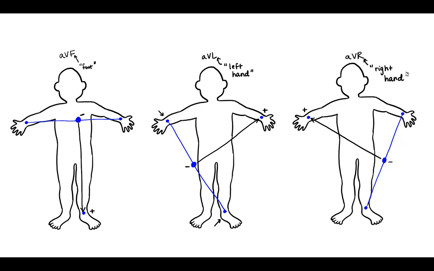So those are the 3 remaining limb leads, and because they're made with the negative electrode coming from an average between 2 other electrodes, they're given a special name, and that is the augmented limb leads. Augmented because there's some addition involved in their construction.